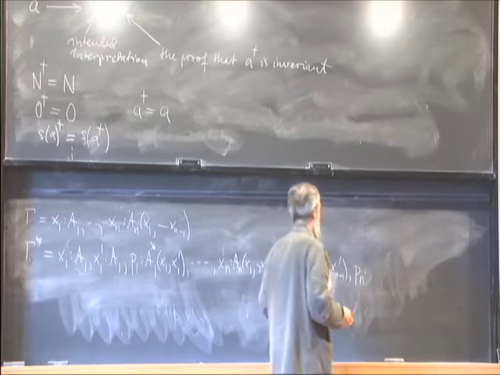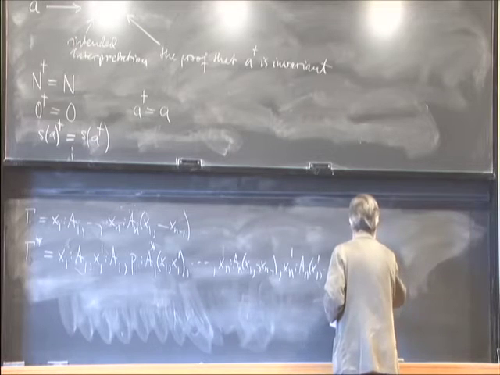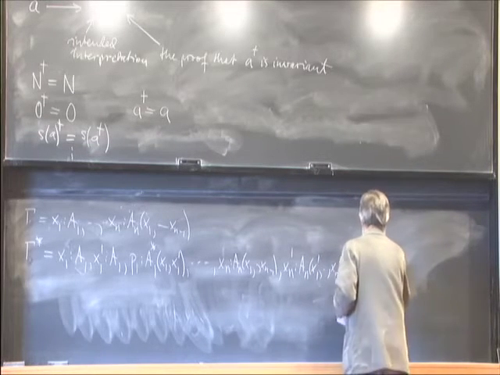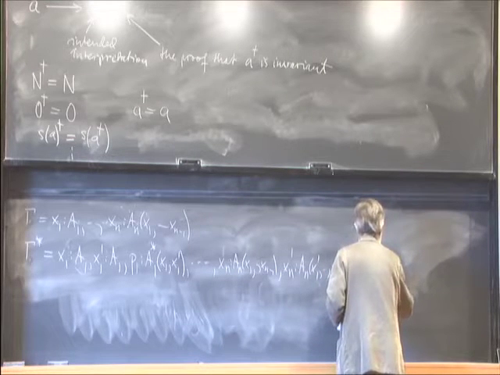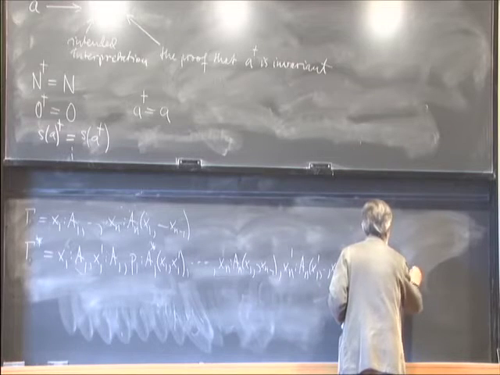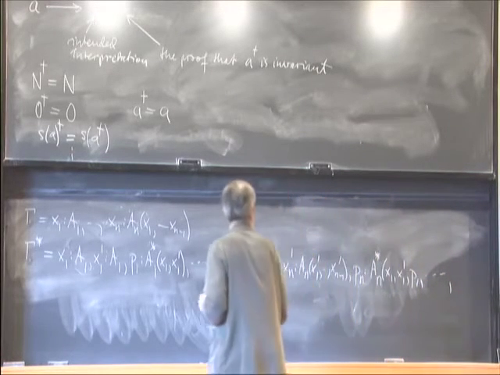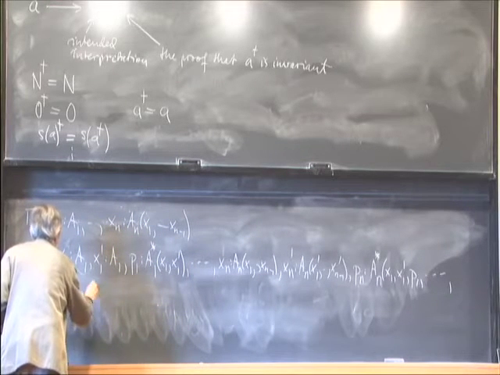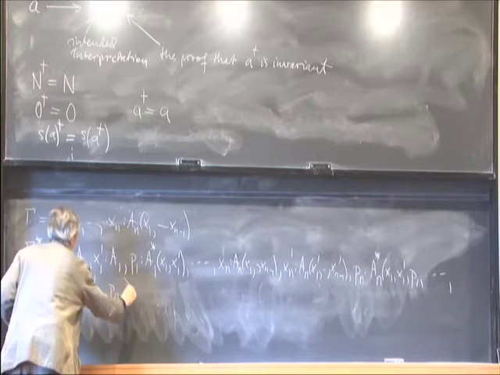And that invariance relation, you see that's already something, An star, depending on 3 times n minus 1 previous variables, x1, x1 prime, p1, etc., xn minus 1, xn minus 1 prime, pn minus 1.